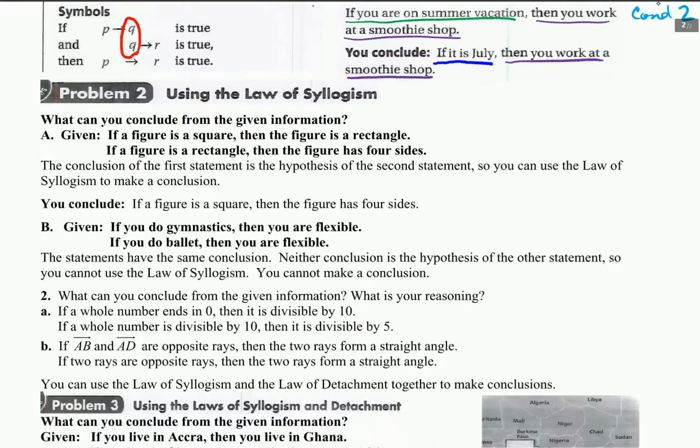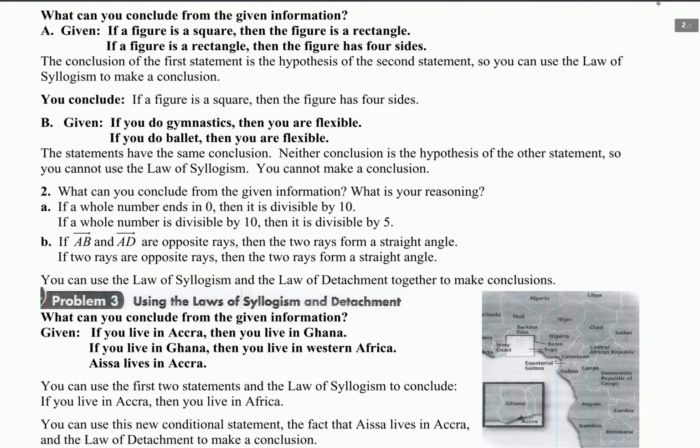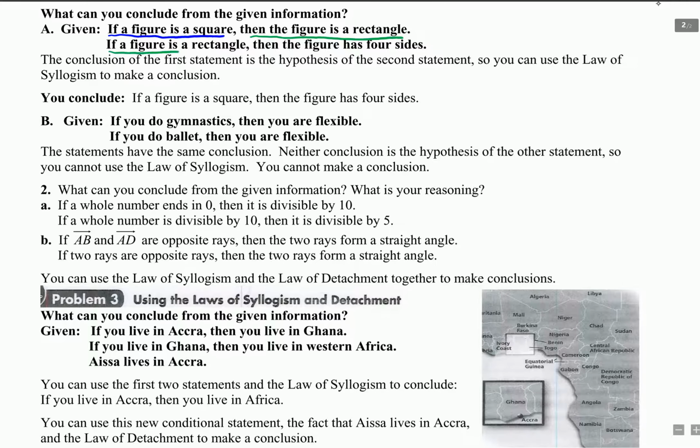All right, let's do some examples. We are given, if a figure is a square, then the figure is a rectangle, and that is true. Now let's look at the next one. If a figure is a rectangle, does that match one of our parts? Yes. If a figure is a rectangle, matches the green portion, then the figure has four sides.